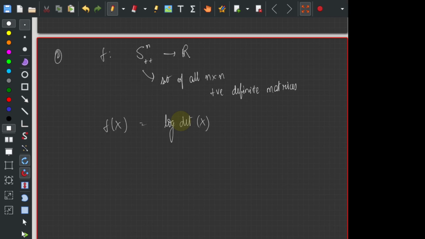Can we diagonalize it? Because it's positive definite, we have a diagonalization. If we can find B transpose B, but it will also depend on the eigenvectors, right?